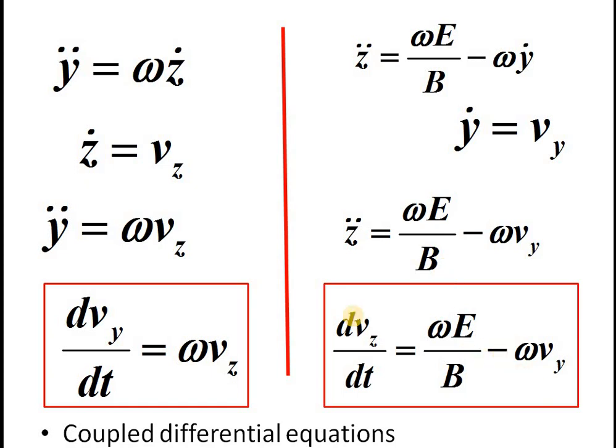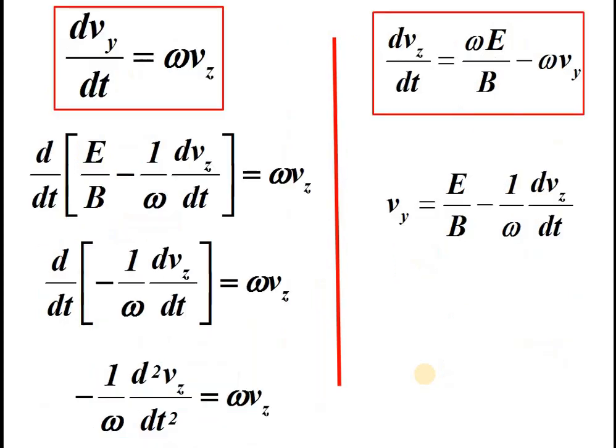In both these boxed equations, you can see vy depends on vz, and vz depends on vy. Such kind of equations are called coupled differential equations. In mathematics, we have a particular procedure to solve them. We will definitely do it. So what we are doing is, first we write the vy equation, and here vy already we have.